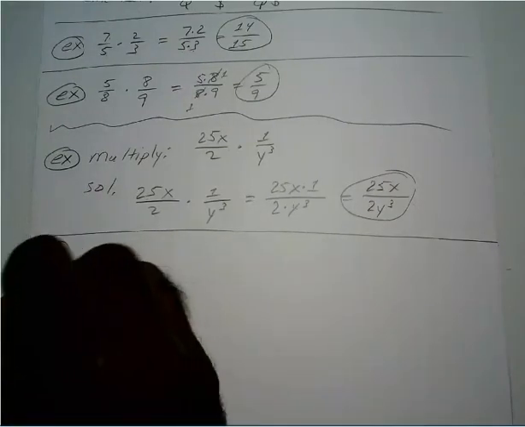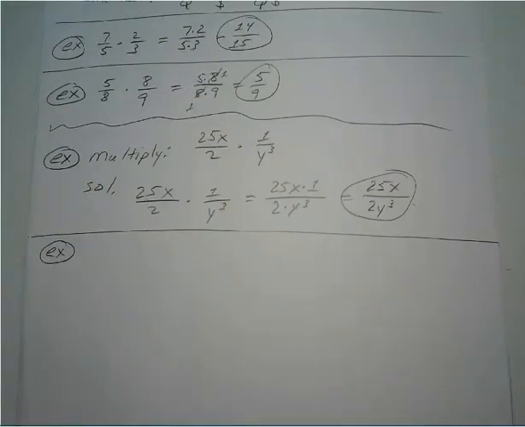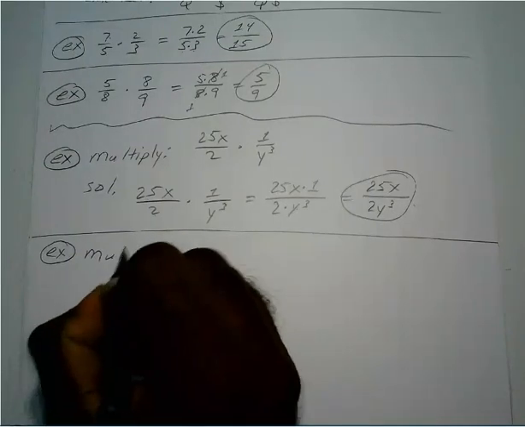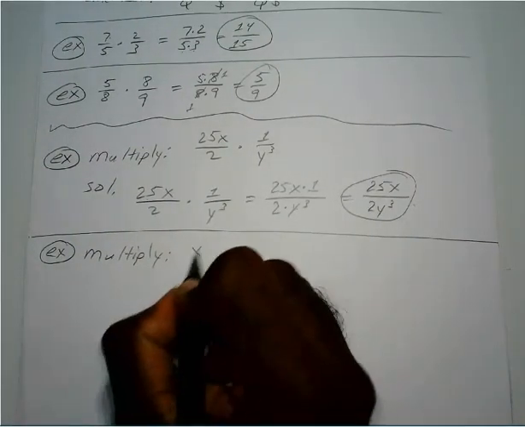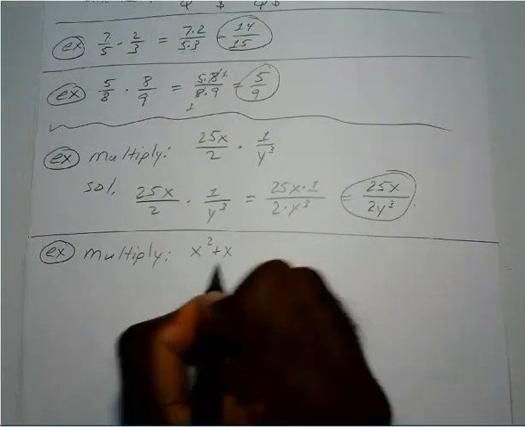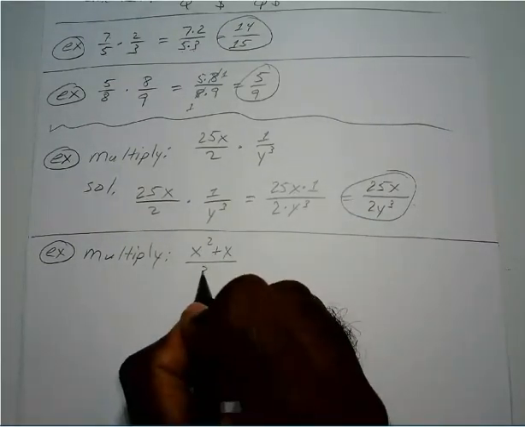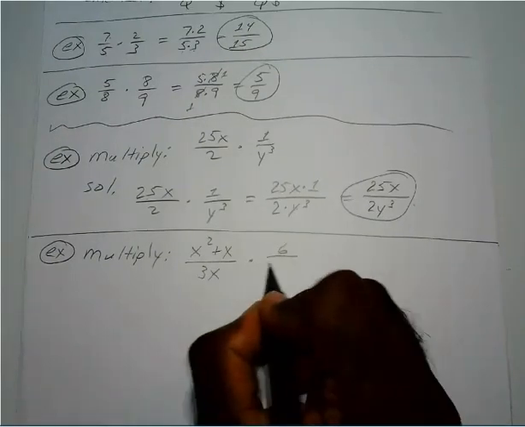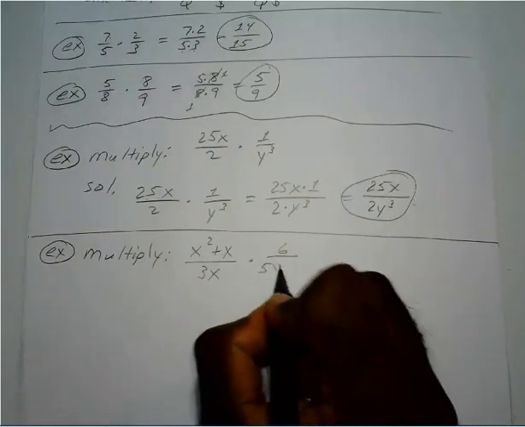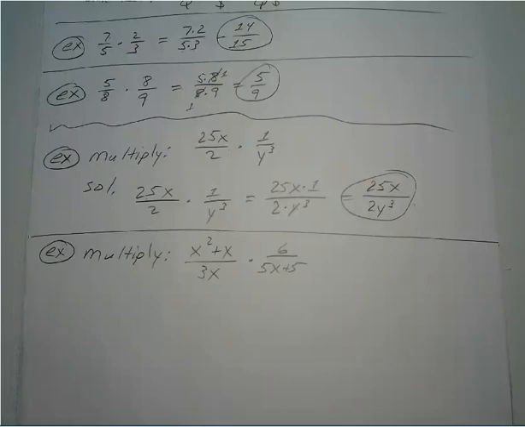Alright, so let's say, for example, we wanted to multiply x squared plus x over 3x times 6 over 5x plus 5.